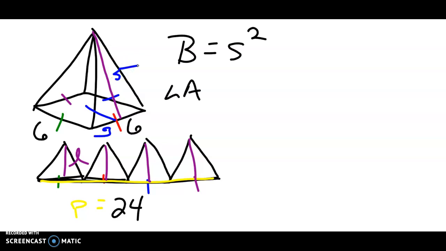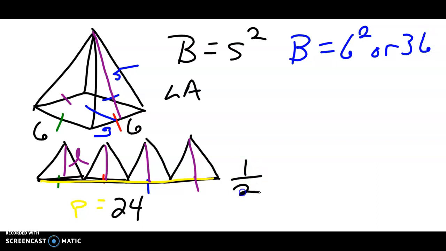All right, so to find the total surface area, we're going to take 6 times 6, so our base area is going to be 6 squared, or 36. And our lateral area is a triangle, so it's 1/2 base times the height. However, we're going to eliminate base. We're going to do all 4 of them at the same time.